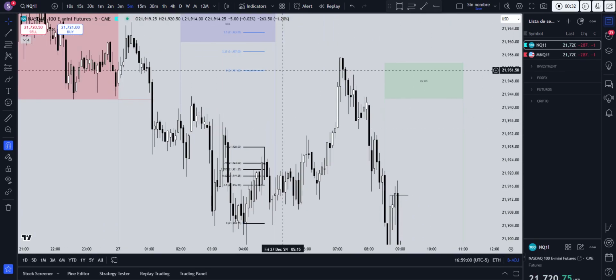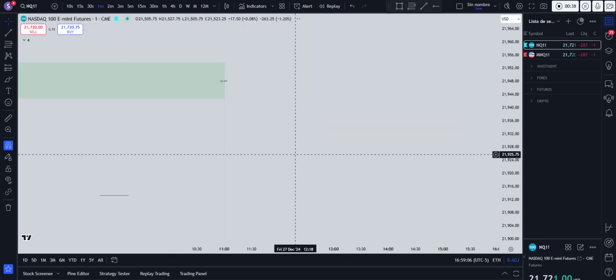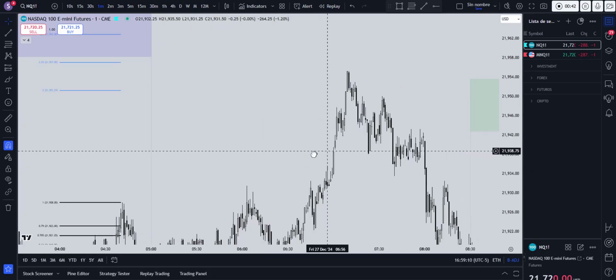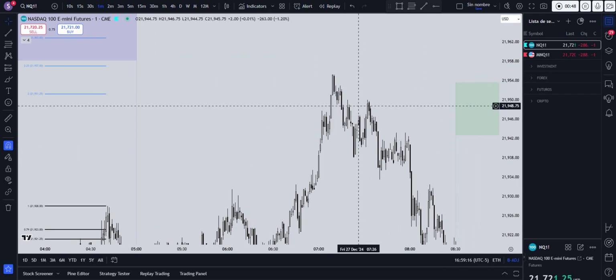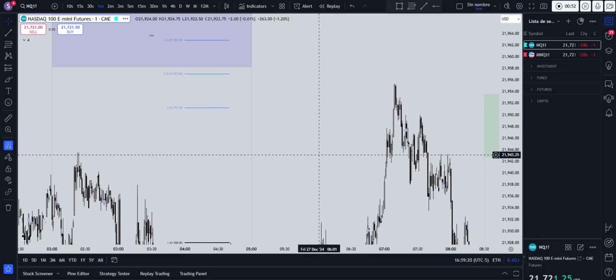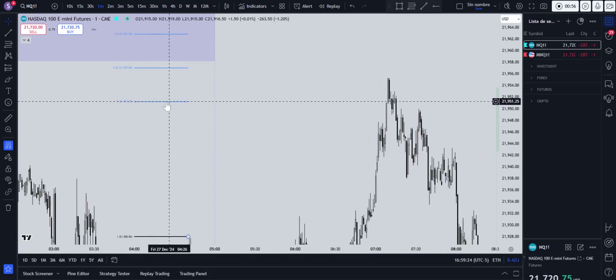And we had this, right, and didn't touch this, but we had this. So we can go to the 1 minute, and as you can see, we react perfectly off of this, and then we come back to this order block that it's gonna form, and then we go to the downside. So this is an example of the standard deviation to the downside and how to use it.